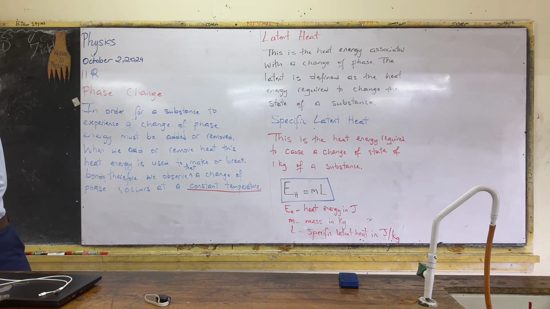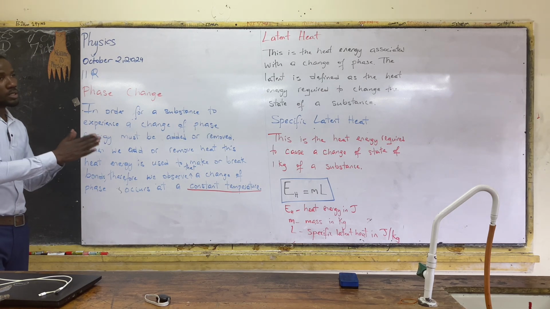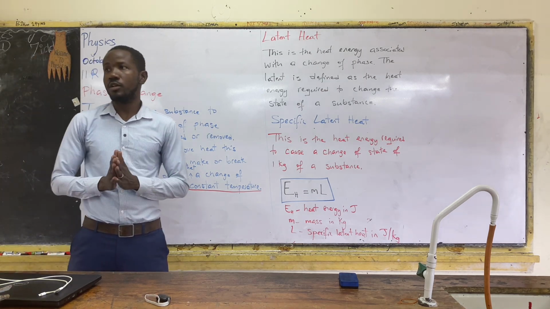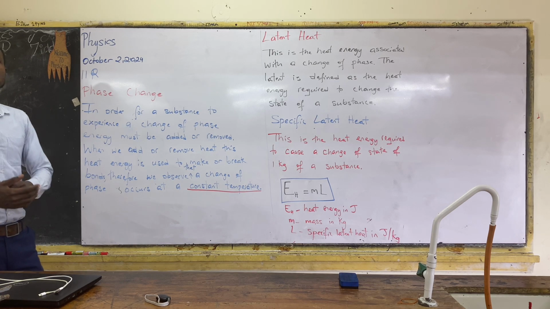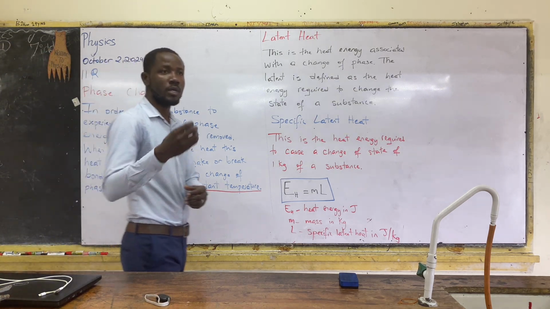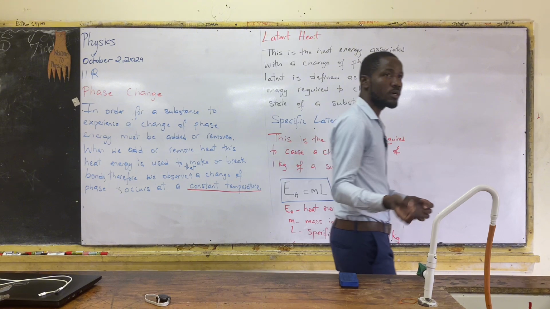Now, when we talk about specific latent heat, as I said earlier, we can talk about specific latent heat associated with a change from solid to liquid and vice versa, or a change of state from liquid to vapor and vice versa.